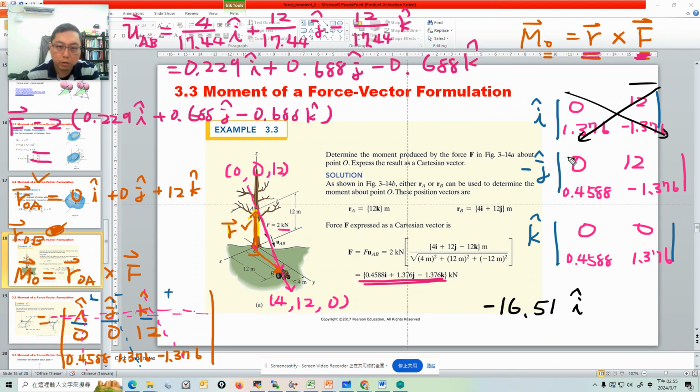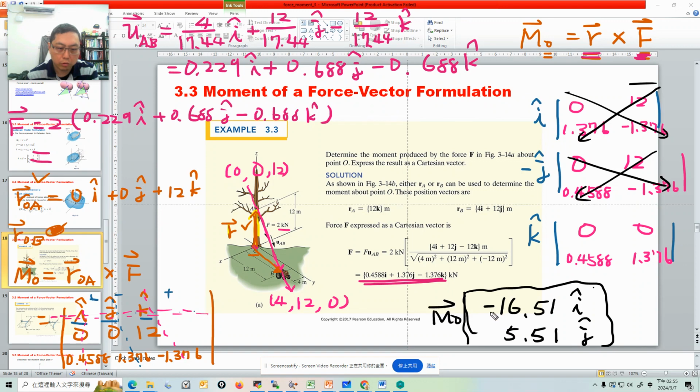Doing this product, it's minus, so it will be j: 12 times 0.4588, so 5.51j. The final one is 0. So this is the result. Your moment is equal to minus 16.51i plus 5.51j. Did I do the right calculation?